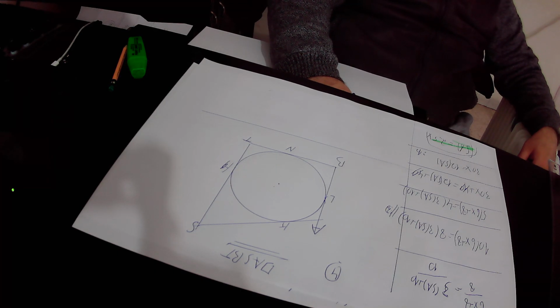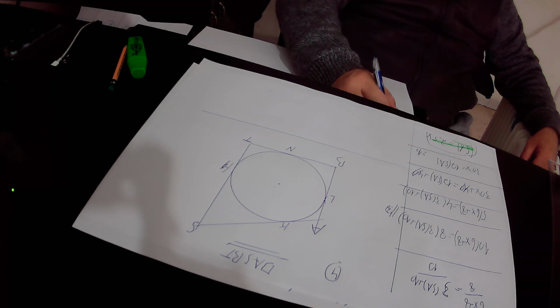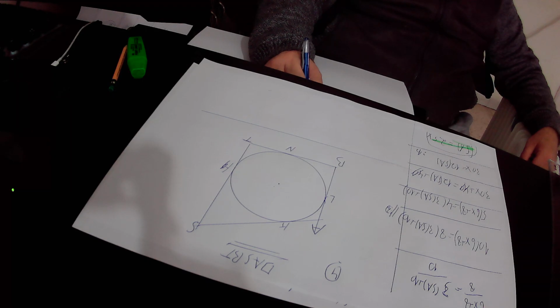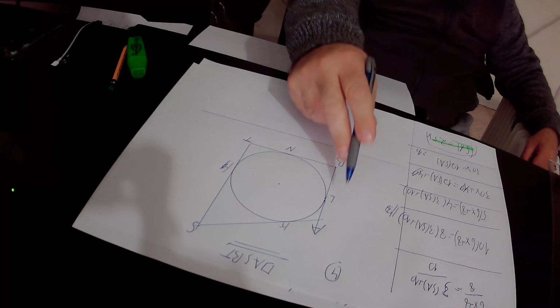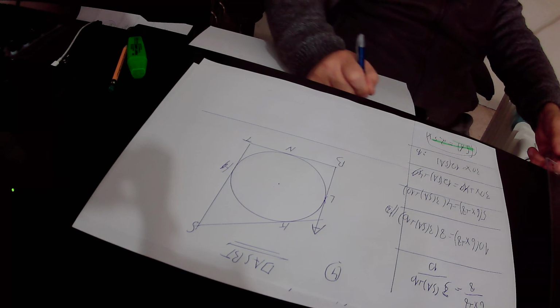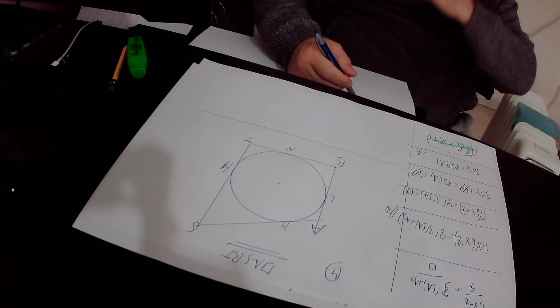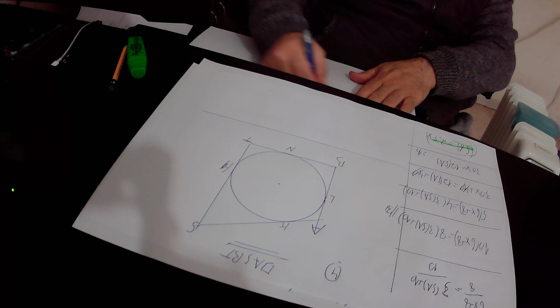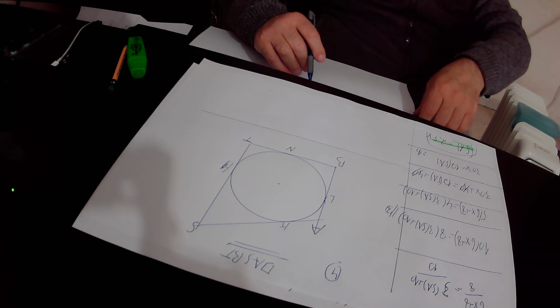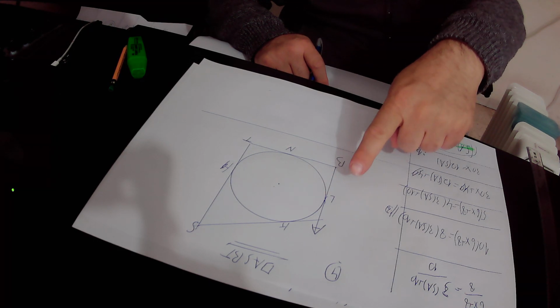And we'll focus on the common external point, point A. From the common external point A, we have two tangents to this circle, tangent AL and tangent AK.